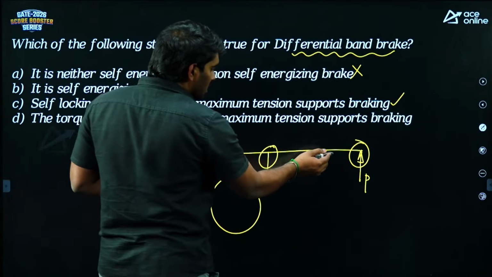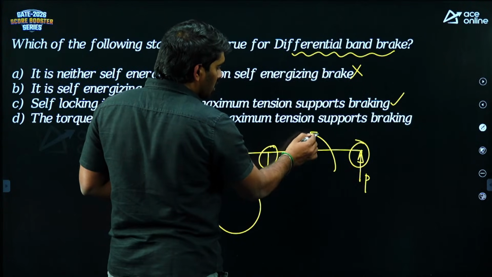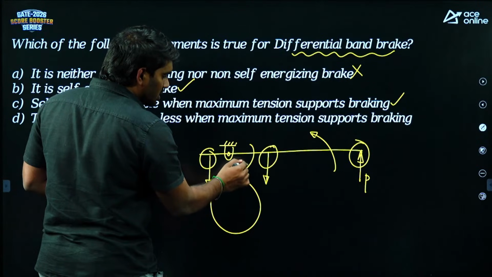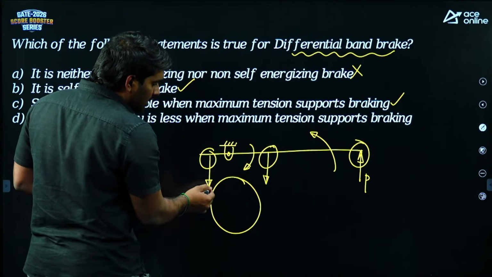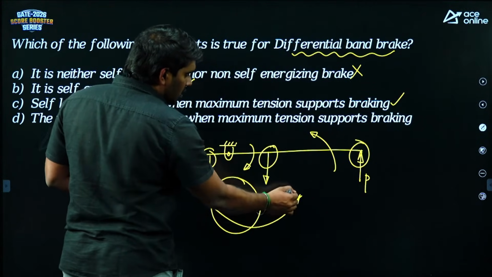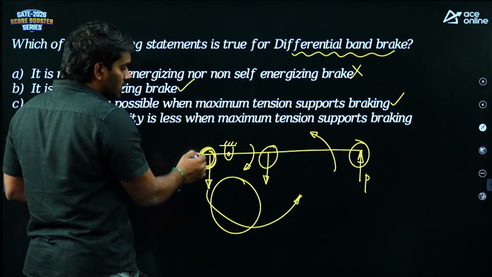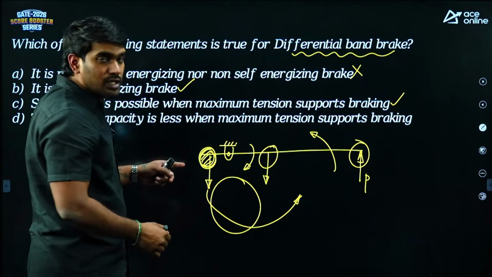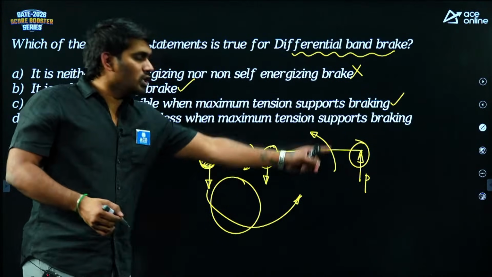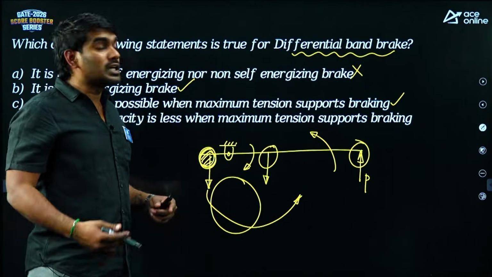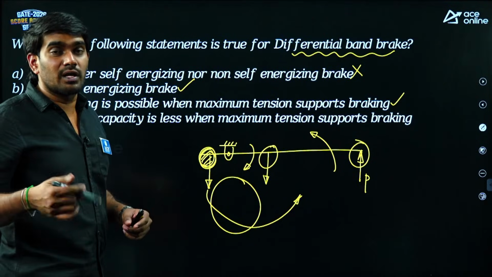Why? What is the reason? The applied moment is in counterclockwise direction, the reaction is in clockwise direction, the additional one is also in counterclockwise direction. As this is the additional moment that we are getting, if this additional tension is supporting your action, then that will lead to self-locking for sure.